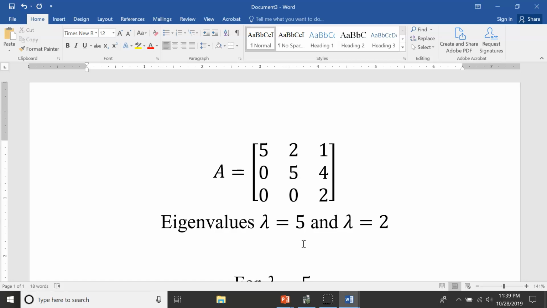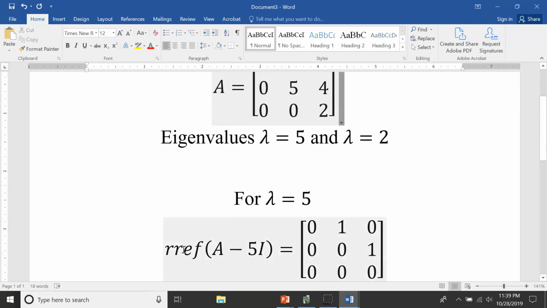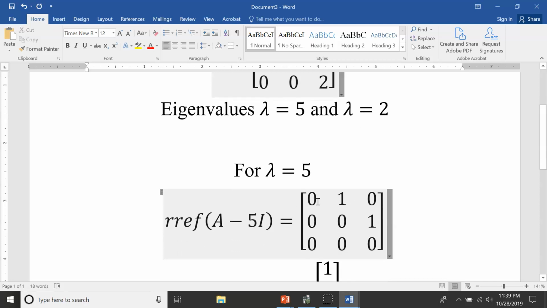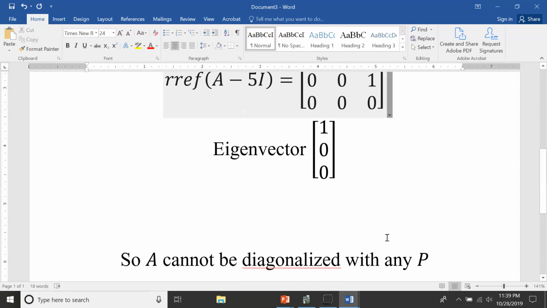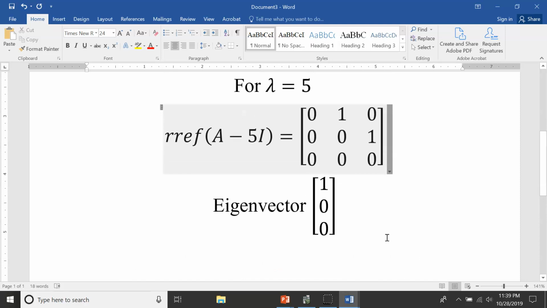All right, so what we do is we take a look at lambda equals 5, row reduced echelon form, A minus 5I. We get this matrix. We've seen that before, and that's not a good sign. I only have one free variable, and so I only have one eigenvector in a basis for my eigenspace corresponding to lambda equals 5.